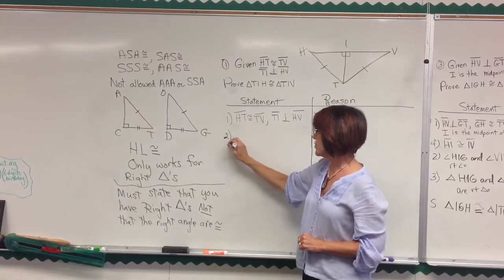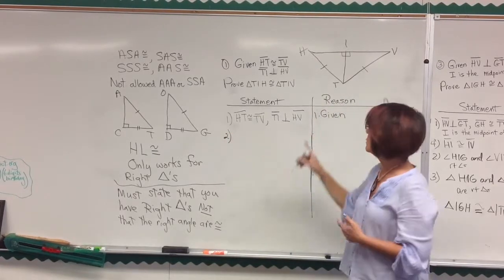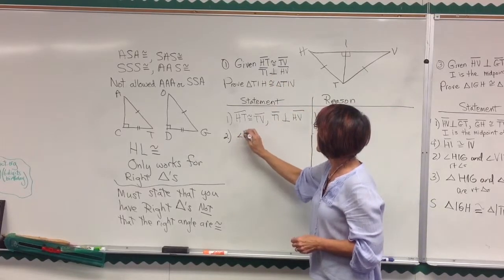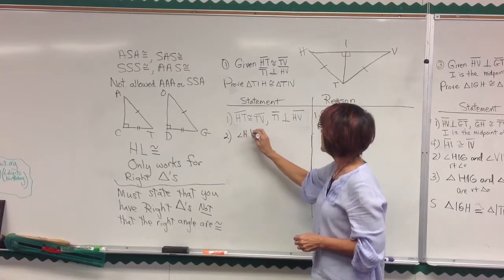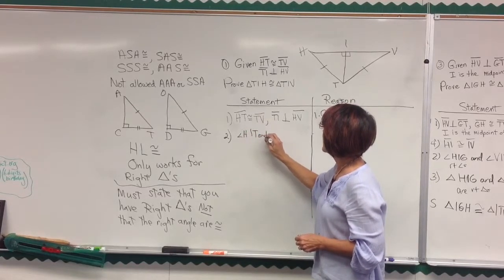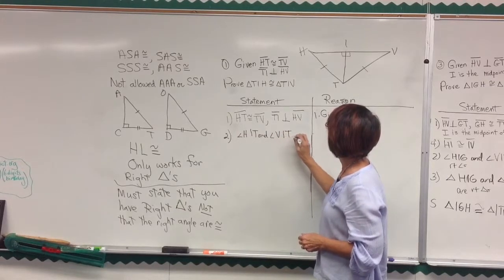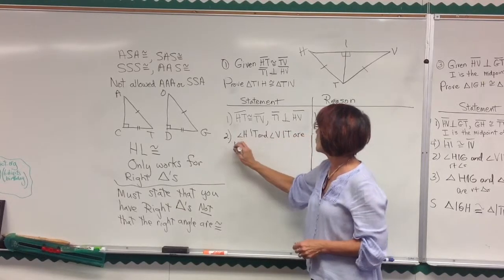Then I'm going to use what I always do given perpendicular lines, and that is that angle HIT and angle VIT are right angles.